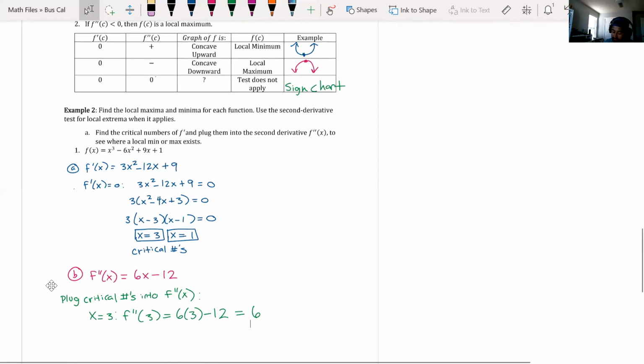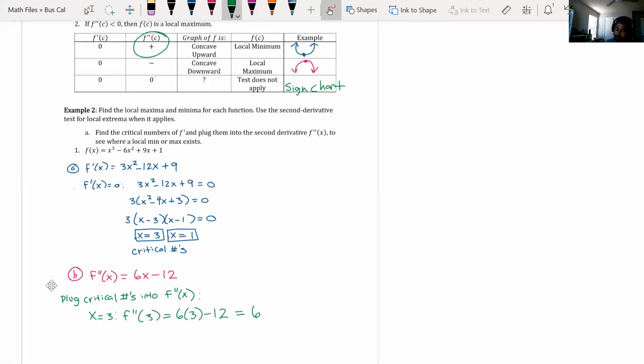So 6 is positive. If we follow the chart above, if the second derivative is positive, this means we have a local minimum. So x equals 3 is a local minimum.